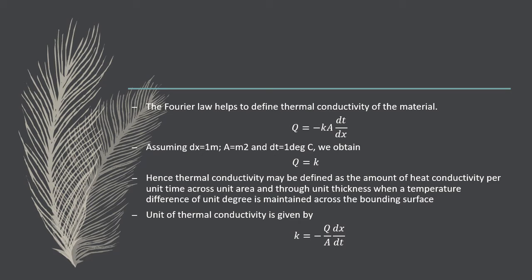Therefore, K is equal to Q. Hence, the thermal conductivity may be defined as the amount of heat conducted per unit time across unit area and through unit thickness, when a temperature difference of unit degree is maintained across the boundary surface. Unit of the thermal conductivity is given by K is equal to minus Q by A dx by dT.